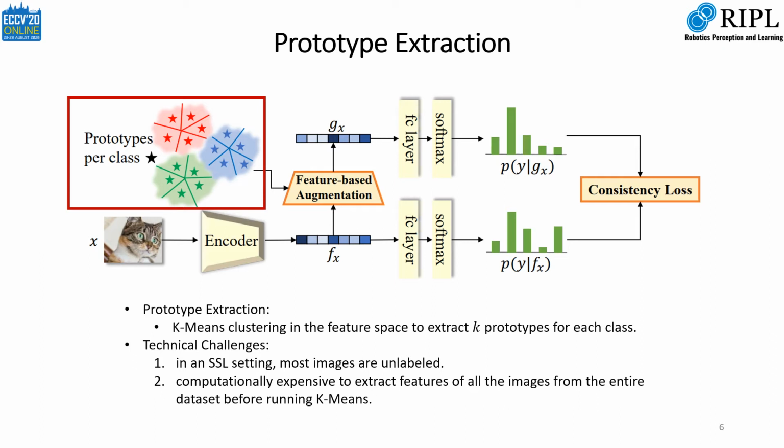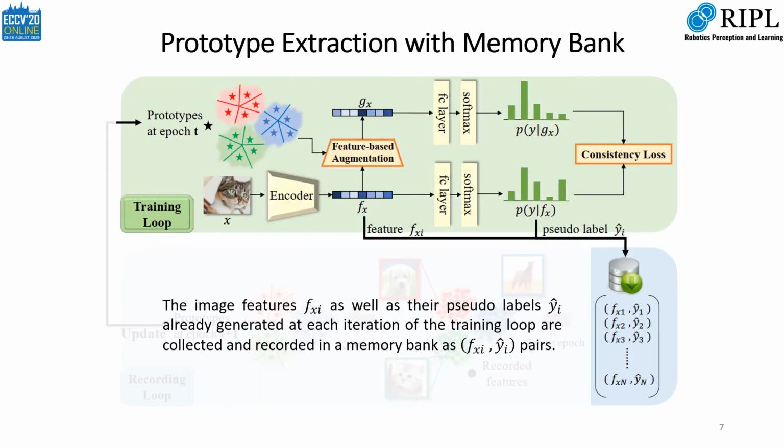Second, it's computationally expensive to extract features for all the images from the entire dataset before running k-means. To address these issues, we propose a memory bank method to collect image features as well as their pseudo-labels, which are already generated at each iteration of the training loop.